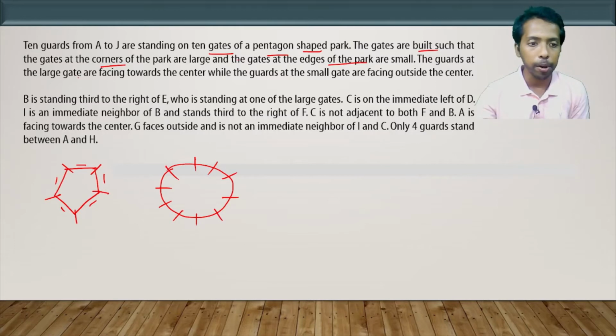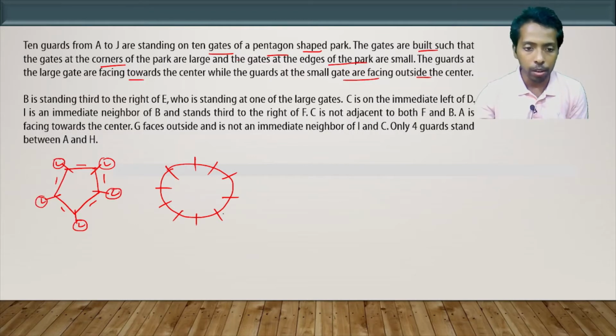The guards at the large gates are facing towards the center, while the small gates are facing outside. So supposedly they alternate. This is large, at the corners, this is large and this is also large. So this cutting position is large.